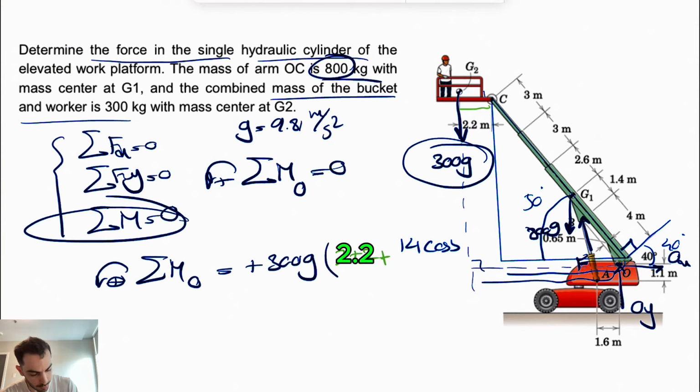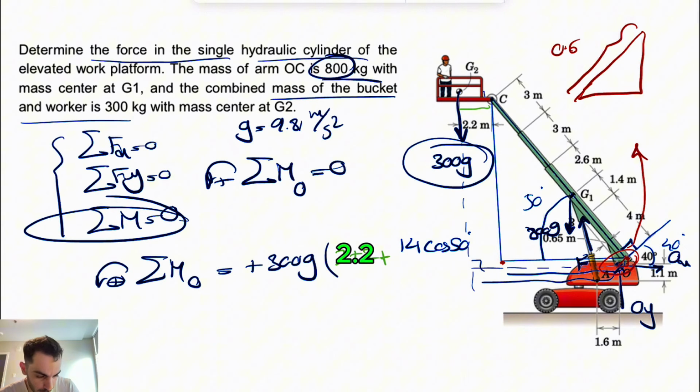So 14 cosine of 50, and that's the part that we need to watch for. And we're going to have this right triangle in here, I'm just going to try to show it a little bit bigger. This right triangle right here, which this side is 0.65, and we need to subtract this distance from the whole base to get to that distance from O to here, which is what we need for the moment. And also we know this angle would be the same.